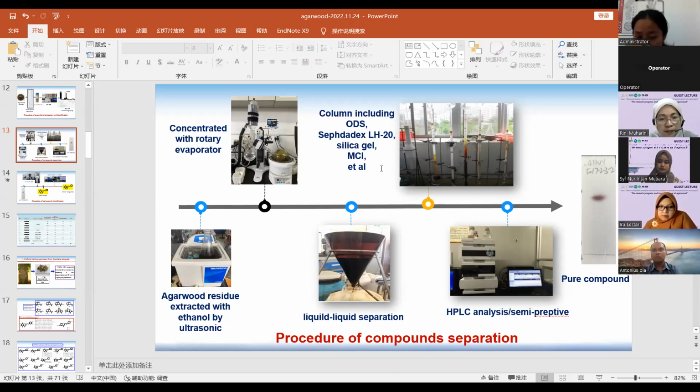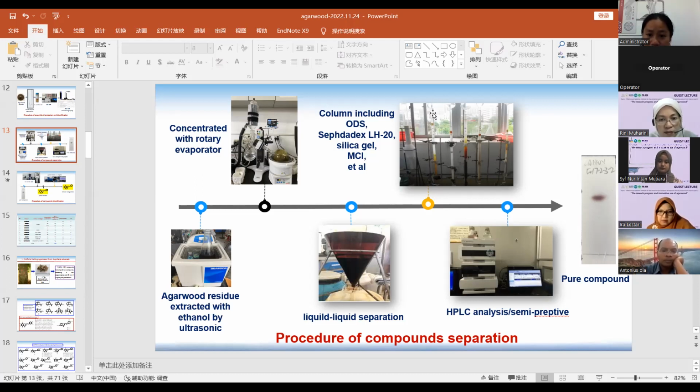After that, for the single column, we use Sephadex, ODS, and silica.